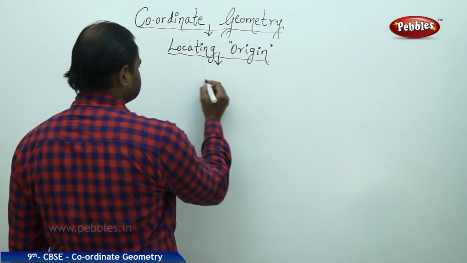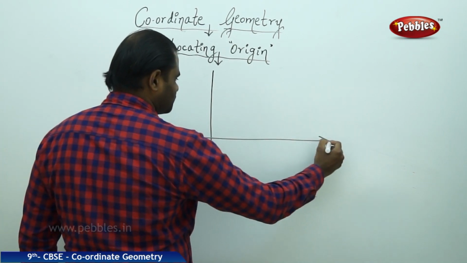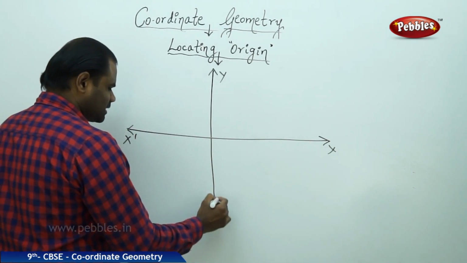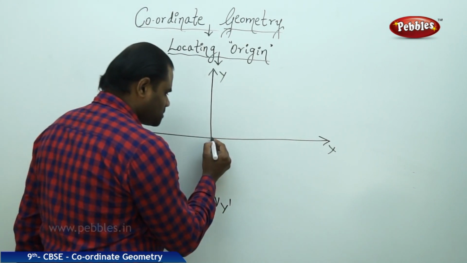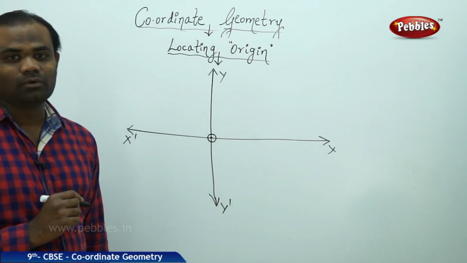As we know, the origin is the point of intersection of the horizontal and the vertical axis. I have these axes as XX' and YY', which intersect at this point, and this point refers to the origin, denoted by O.